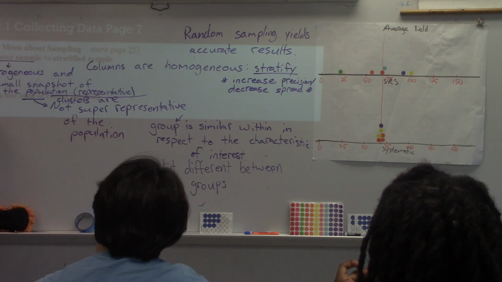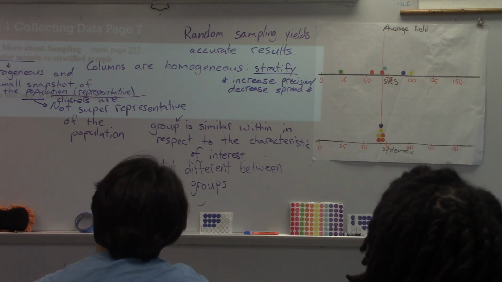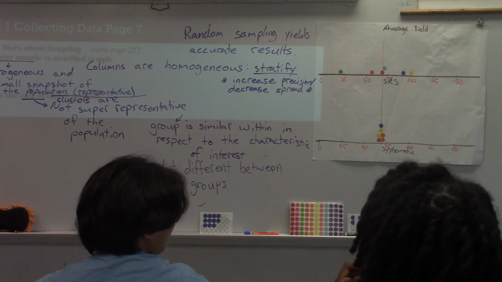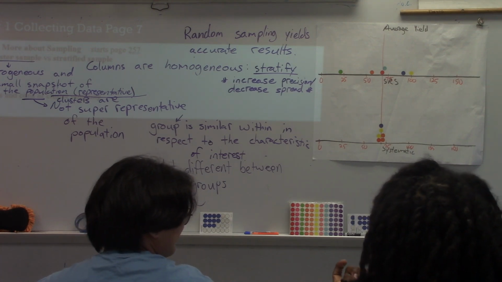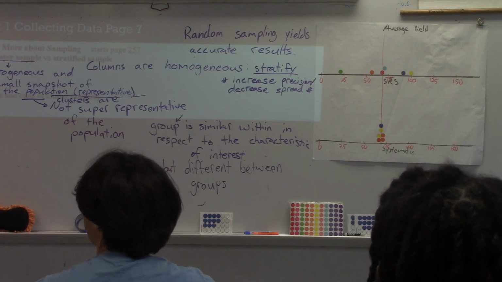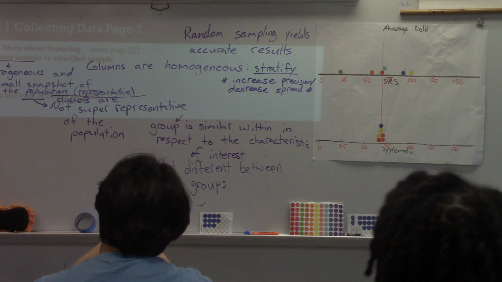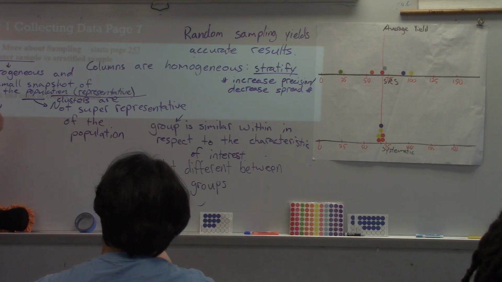However, what would be a pro of a cluster sample? Saves time. Saves time, right? Instead of looking at all the freshmen and doing a simple random sample, labeling all the freshmen, randomly generating 20 names, and going and selecting them, I could just go do one entire advisory class. Or 2 entire advisory classes. So what's the pro of cluster? Saves resources. That's a good way to say it.